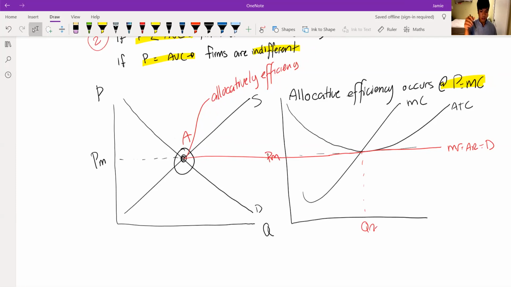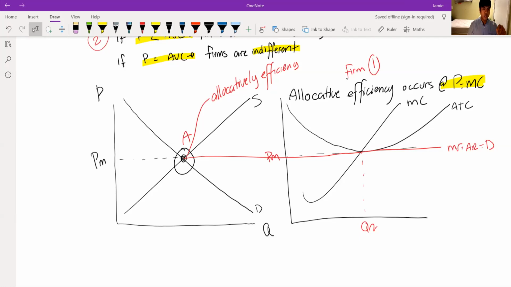These firms, right, these perfectly competitive firms right here, let's not call them A, let's call it firm 1. The market price, right, PM, is also the marginal cost of production.